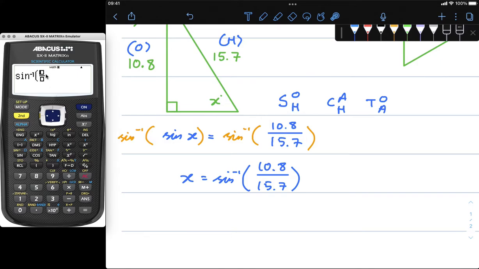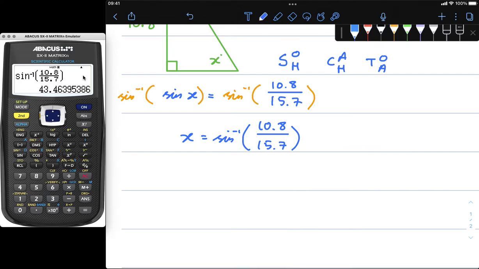Typing in our fraction, 10.8 over 15.7, closing our brackets like this, and pressing equals. Now depending on what's required of you, you may be asked to round this off to decimal places, so this might become 43.46.